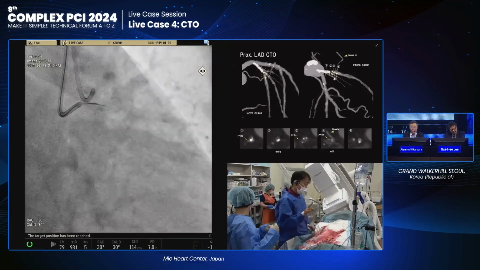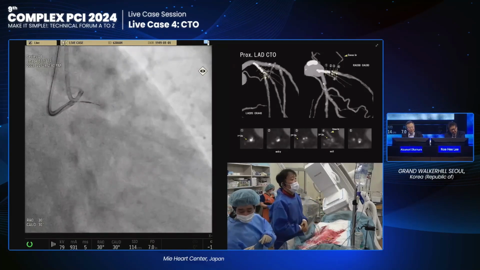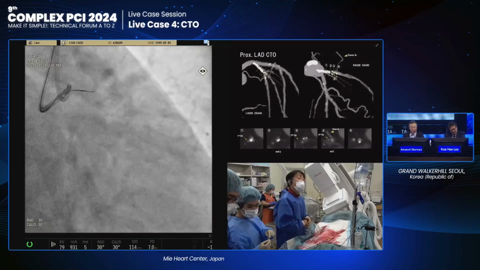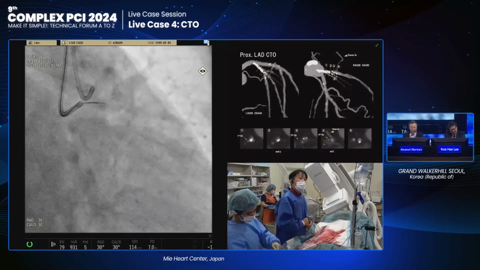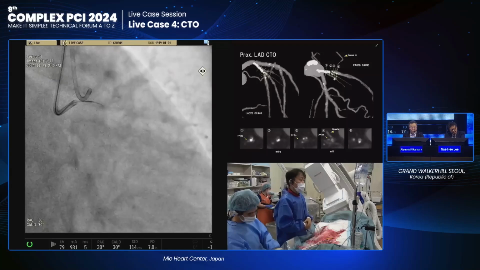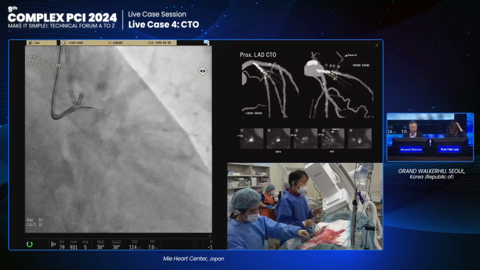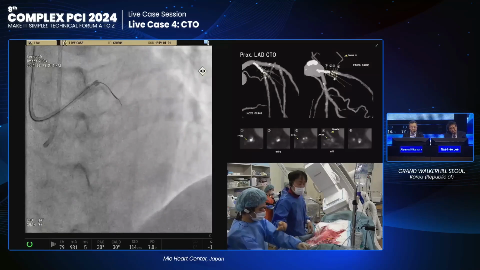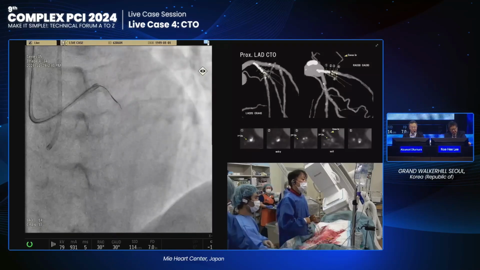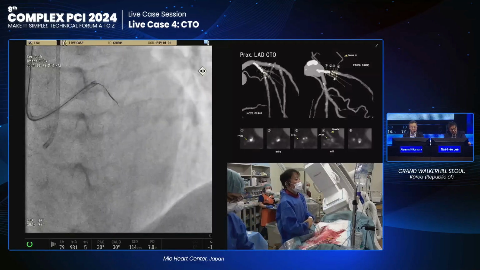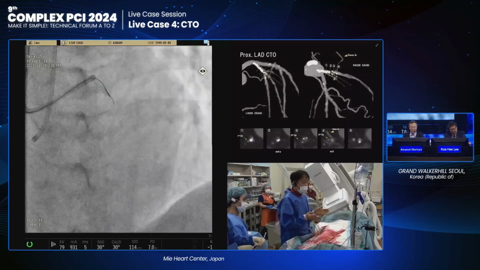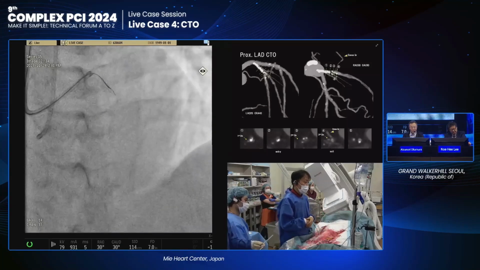This is a very short segment region with a tapered type, and in the CT angiogram, it's not so calcified. So everybody agreed to start the antegrade first. So I started from the XTR because of the very tapered type of the proximal cap.